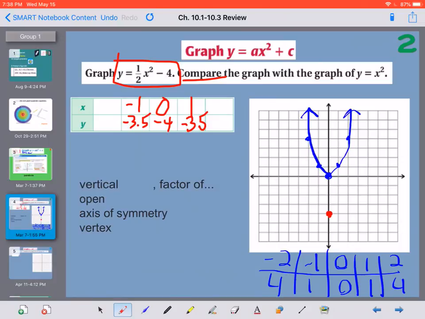So over 1 down negative 3.5, over negative 1 down negative 3.5, and finally 2 and negative 2. 2 squared is 4, times 1/2 is 2, minus 4 gives us a negative 2. So over 2 down negative 2, over negative 2 down negative 2. So this parabola is going to open like this.